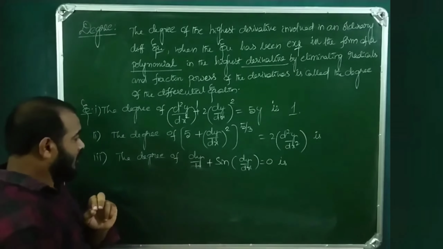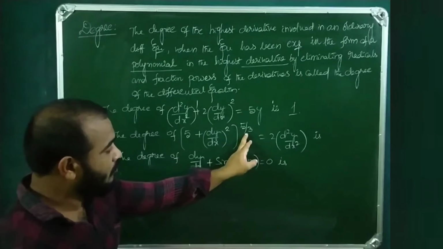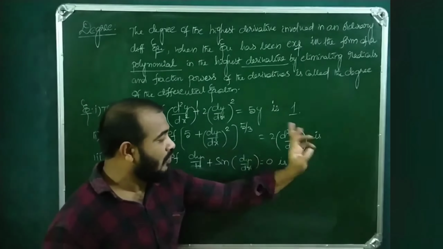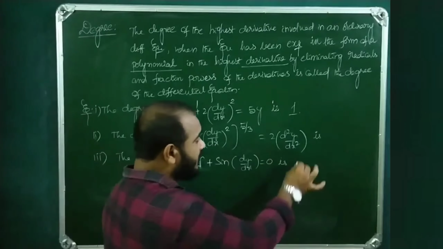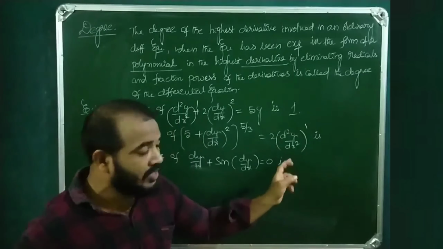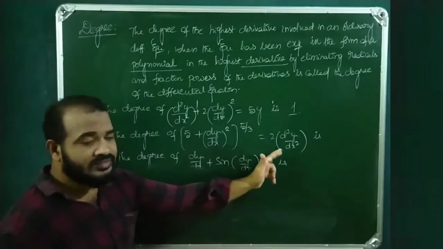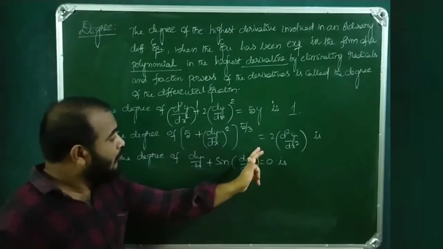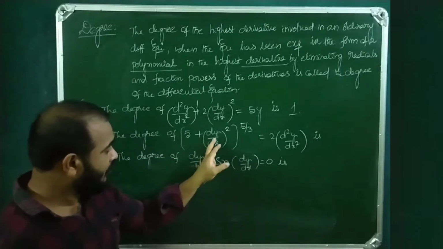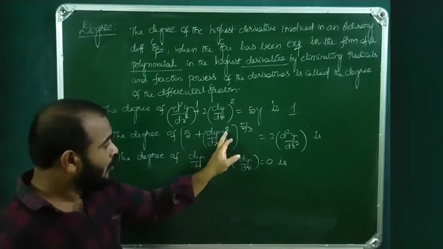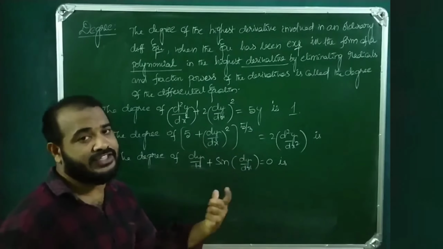But see here, the degree of 5 plus (dy by dx) whole square plus 5 by 3 is equal to 2 d square y over dx square. So we cannot jump to a conclusion that d square y over dx square's power is 1, therefore degree is 1. We should not, because this is not a polynomial in terms of the derivatives. Here, if you see, the power of this is 2 times 5, that is 10 by 3, which is a fraction.